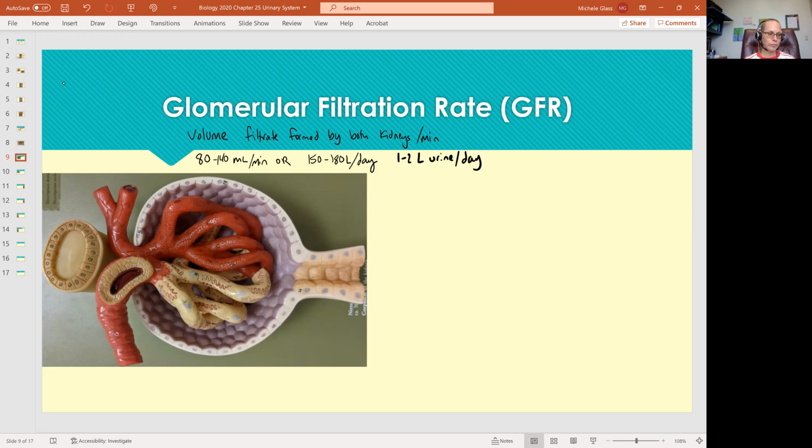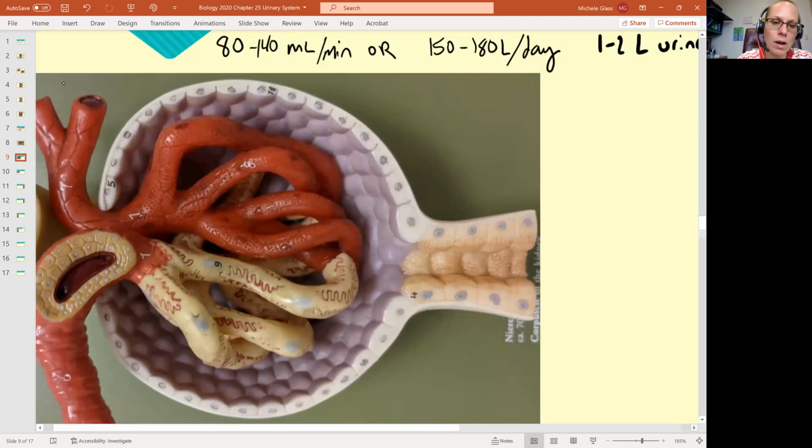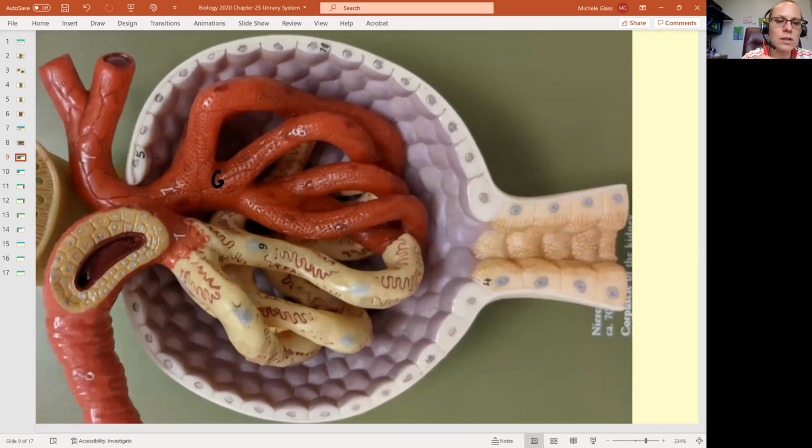Okay, now when we're looking at our model here, we're seeing, of course, our glomerulus, which is our fenestrated capillary. Let me make my font smaller so it's easier to read. And we're looking up here at Bowman's capsule, or you can call it the glomerular capsule.